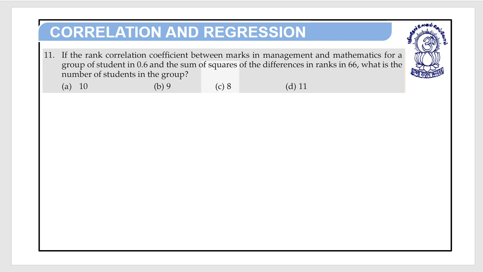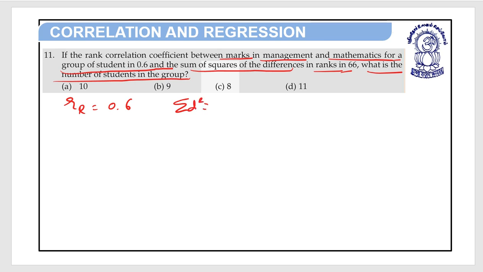Now question number 11. If the rank correlation coefficient between marks in management and mathematics for a group of students is 0.6 and the sum of squares of the difference in ranks is 66, what is the number of students in the group? Here RR is given as 0.6, sigma d square is equal to 66, and n is equal to how much?